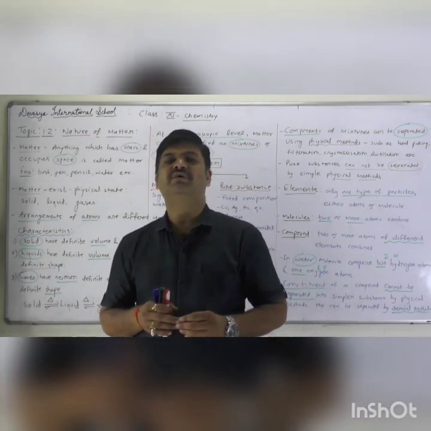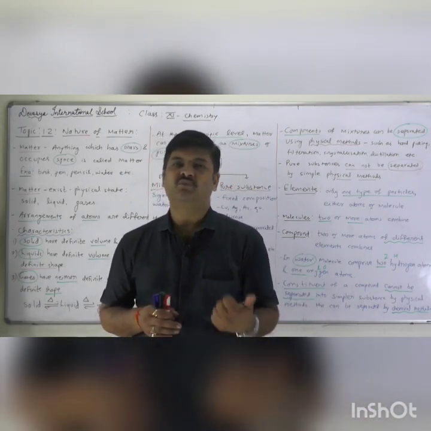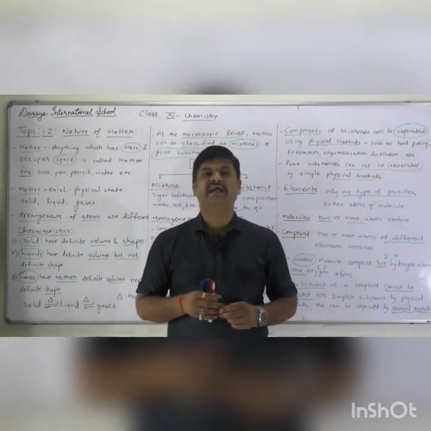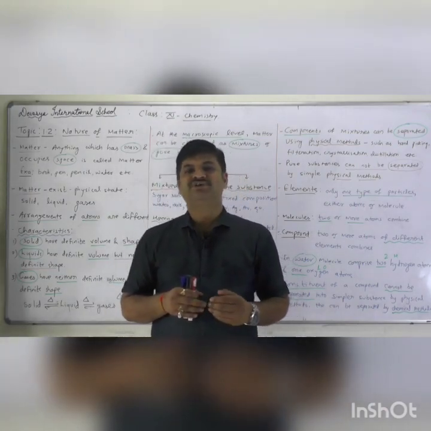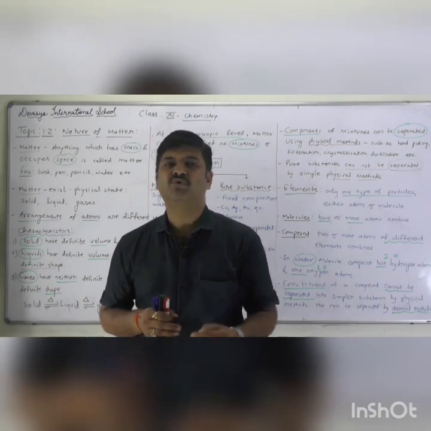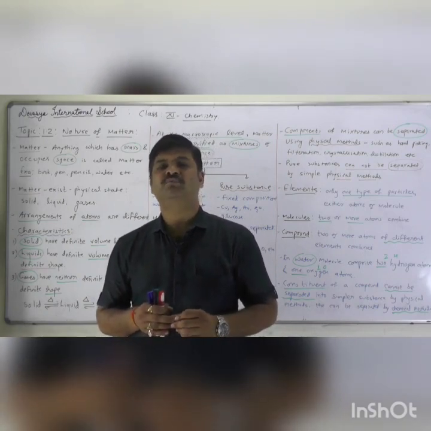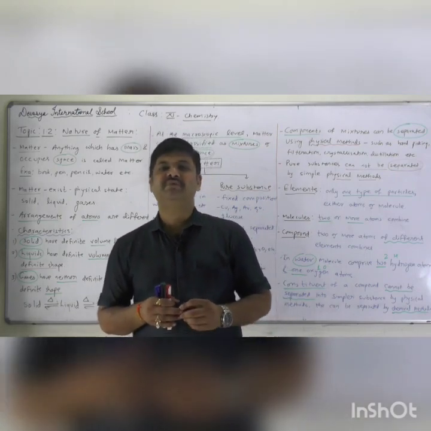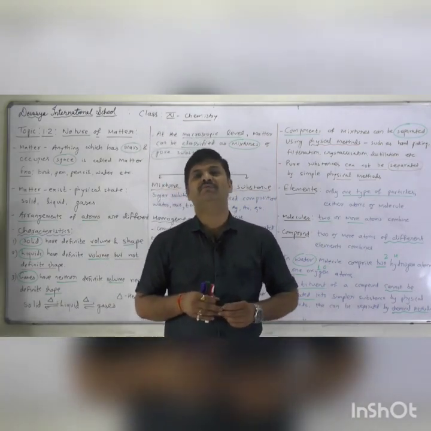Therefore, to become stable, one atom will combine with another atom. So finally an element will form. The stability of an element is more as compared to an atom. And after formation of element, molecule will be there.